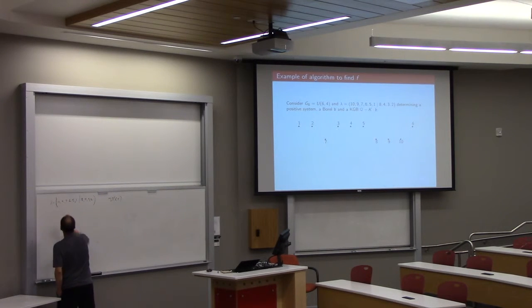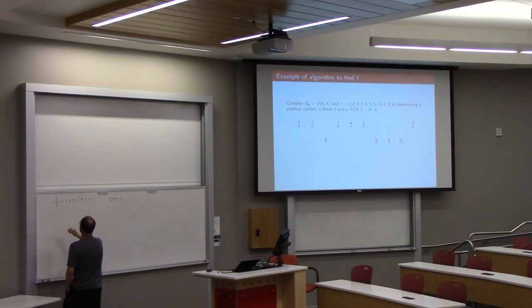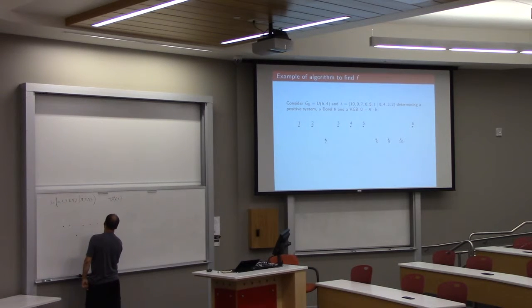And that's regular integral and kind of a random positive system. And what you do is you go like this: 10, 9, 8, 7, 6, 5, 4, 3, 2, 1.